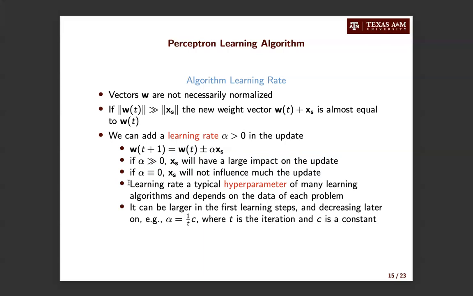Sometimes, as a common practice, we keep a higher learning rate in the beginning of the iterative process, and then this learning rate is decreased as time goes by, which is what is depicted here with this example. So the learning rate depends on the current iteration T. The higher the iteration, the lower the learning rate.